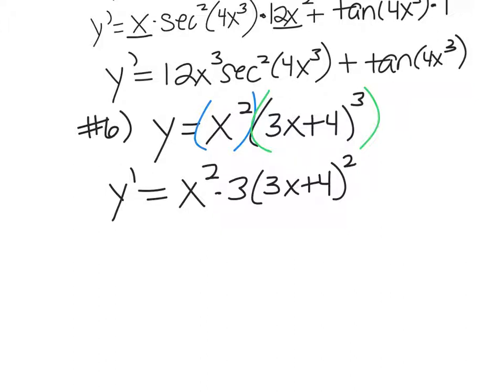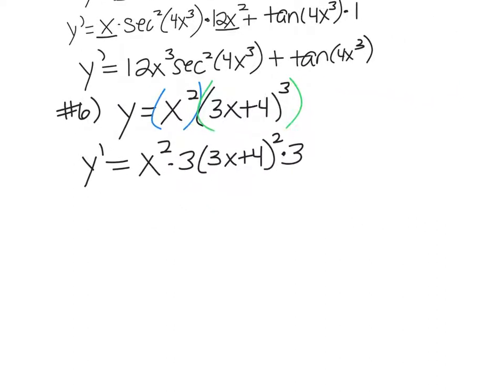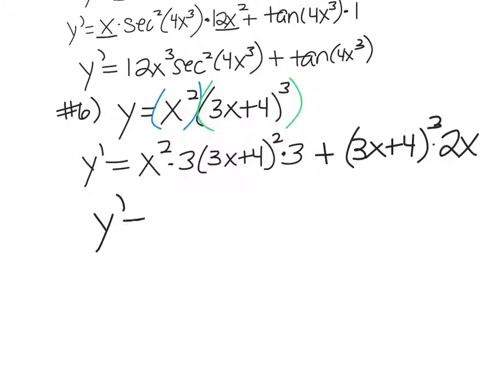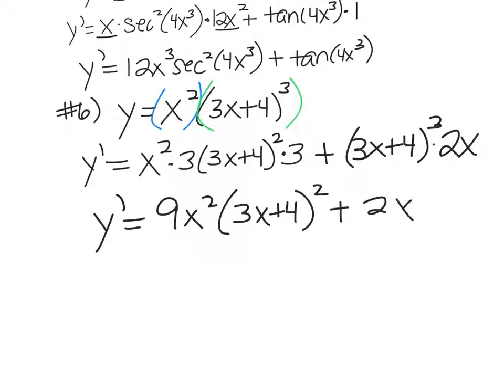Remember, just do it one derivative at a time, times the derivative of the inside, which is 3. Okay, so that's A times B prime, plus B, which is (3x plus 4) cubed, times A prime, which is 2x. Please do not ever spend time foiling or cubing things out. Just leave it. So you have y prime equals 9x squared times (3x plus 4) squared plus 2x times (3x plus 4) cubed.